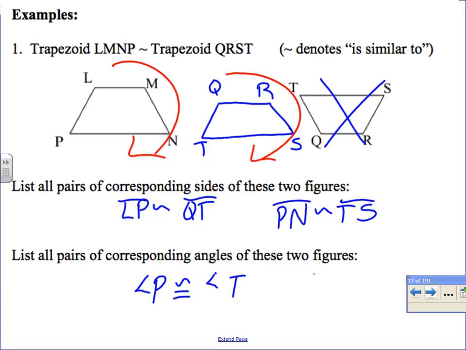Mary? Awesome. Angle M is congruent to angle R. Is this easy? Okay, Annalise? All the angles. In a similar figure, Annalise, just like we wrote down for the definition, all the angles are the same. The sides are proportional. Always. Anyone else? Okay, let's go to example 2.